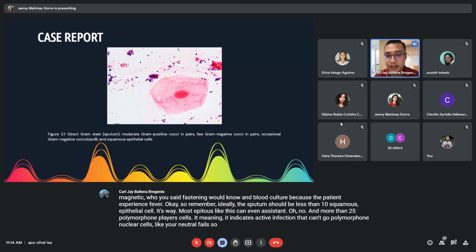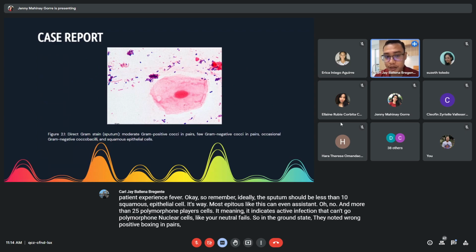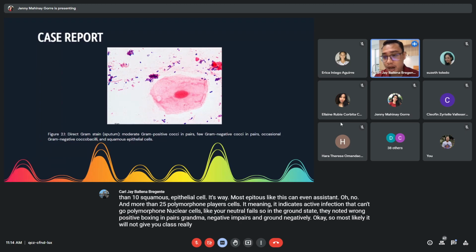In the gram stain, they noted gram-positive cocci in pairs, gram-negative cocci in pairs, and gram-negative coccobacilli. Most likely it will not give a good conclusion on which organism because this is mixed.